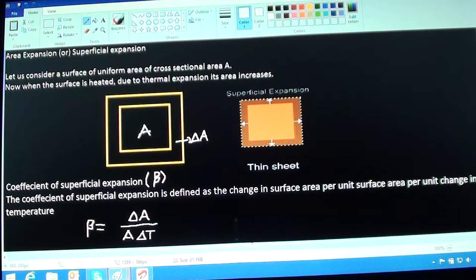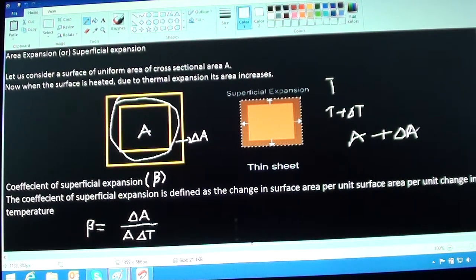Consider a thin metal sheet with area A at temperature T, and after heating, at T plus delta T, the area increases to A plus delta A. The coefficient of superficial expansion is denoted by beta, and it is defined as the change in surface area, delta A, per unit surface area A, per unit change in temperature, delta T.